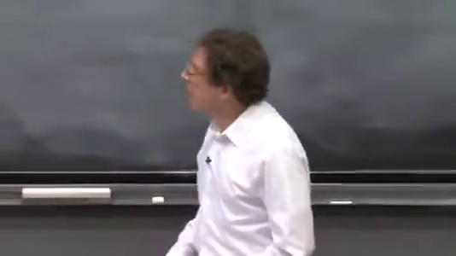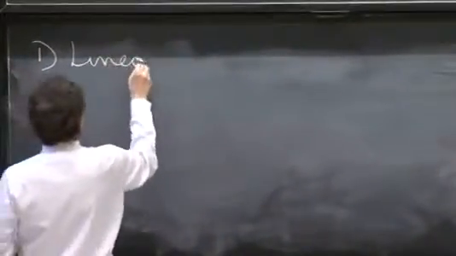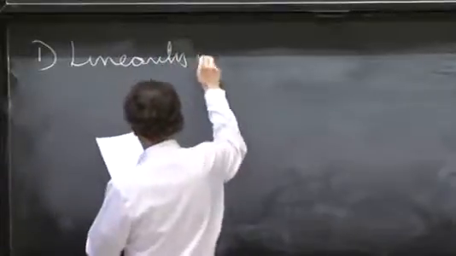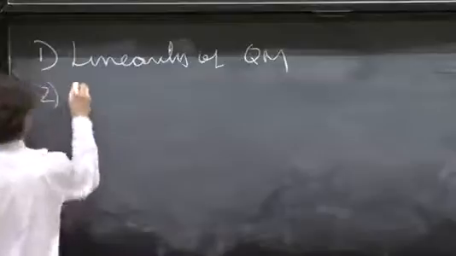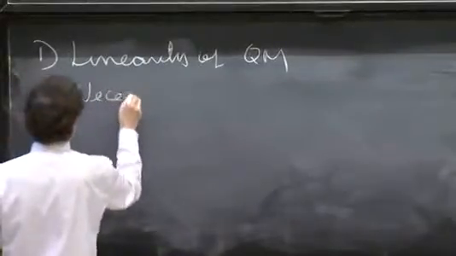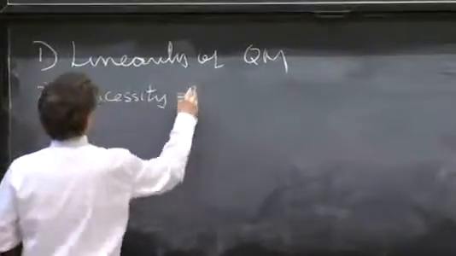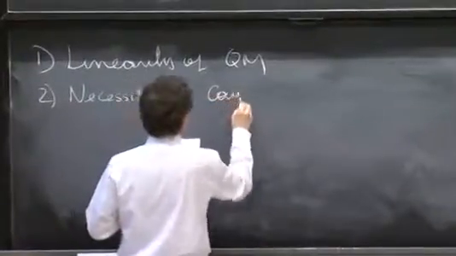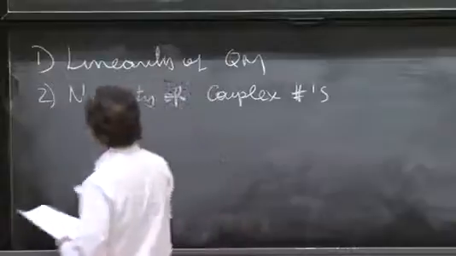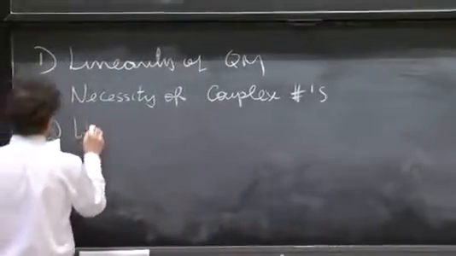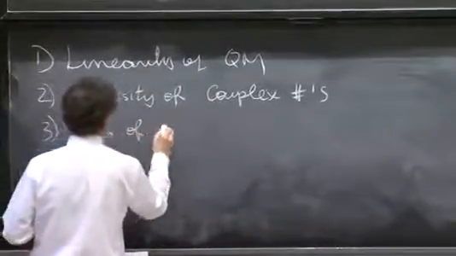So what are we going to cover today? What are we going to review? Essentially, five topics. One, the linearity of quantum mechanics. Two, the necessity of complex numbers. Three, the laws of determinism.